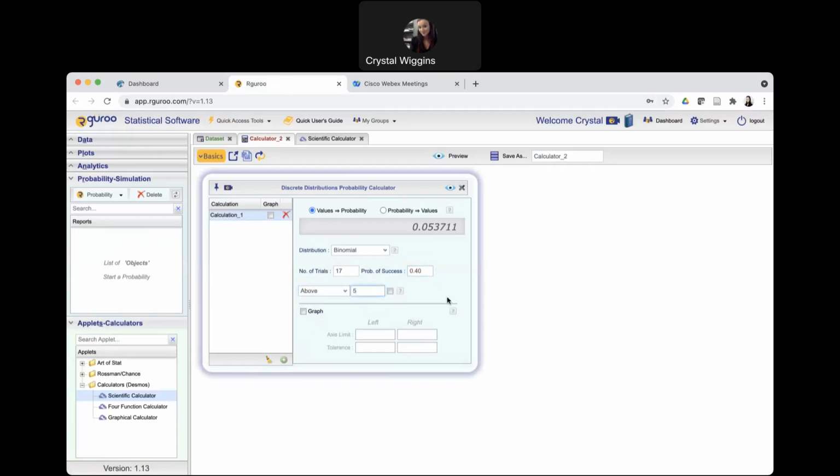So more than 5 means that she sold 6 or 7 or 8 or 9 or 10 or 11 or 12 all the way up to 17. It is all those probabilities added up as a cumulative probability of what would be the chances of her selling more than 5. We hit our eyeball and we get that probability.